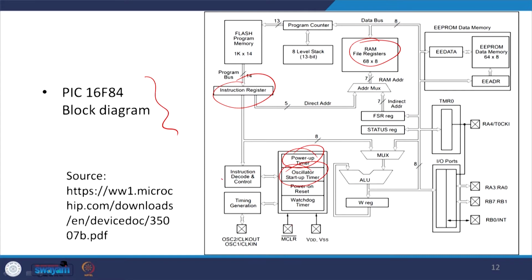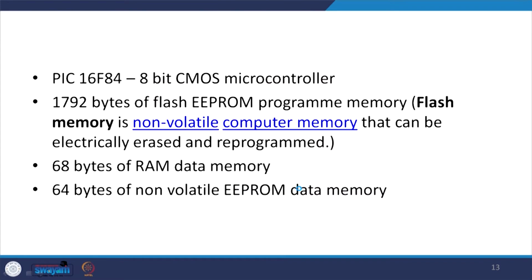Then instruction decode and control timing generation. You have the EEPROM data memory, and the Flash program memory is over here. Then you have the ALU over here. So, this indicates the block diagram for the PIC16F84 microcontroller.